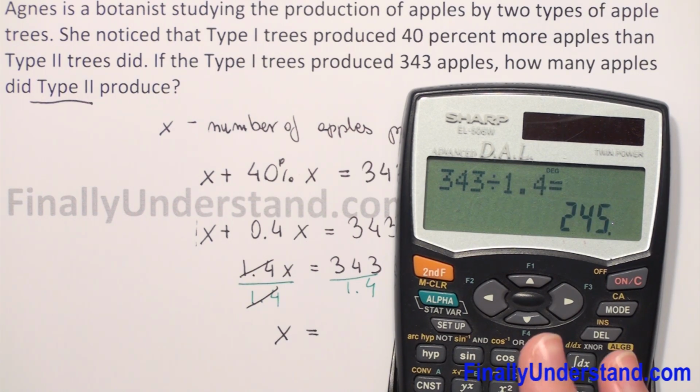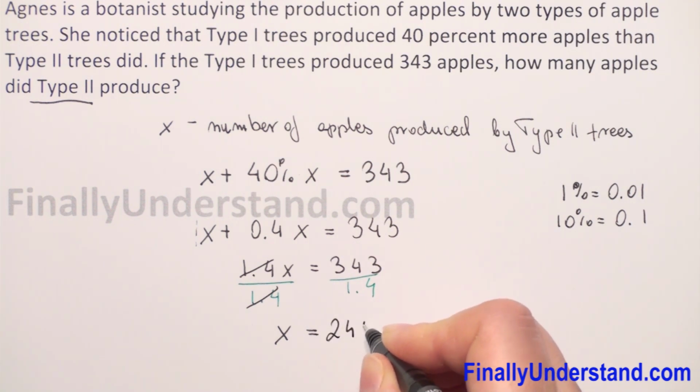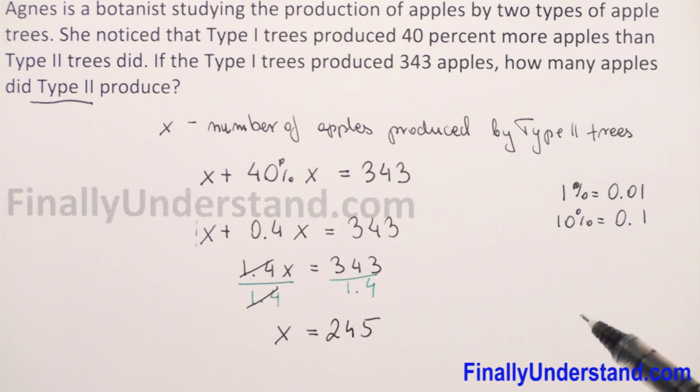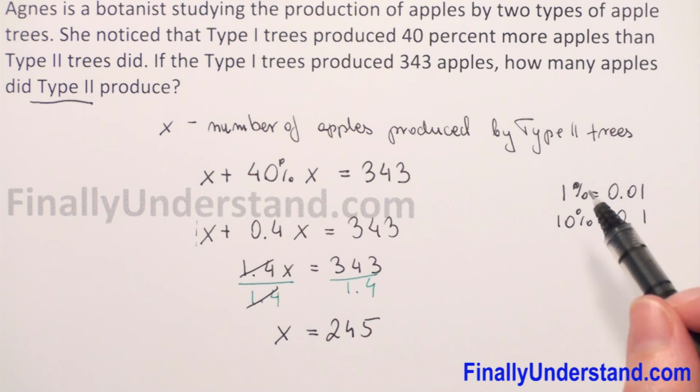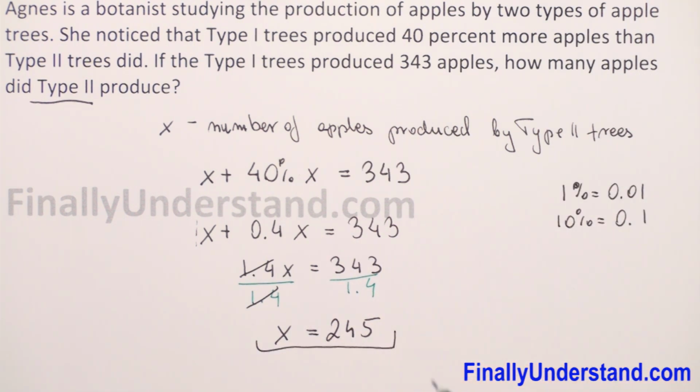This is equal to 245. So we found the number of apples produced by type 2 trees. This is my solution.